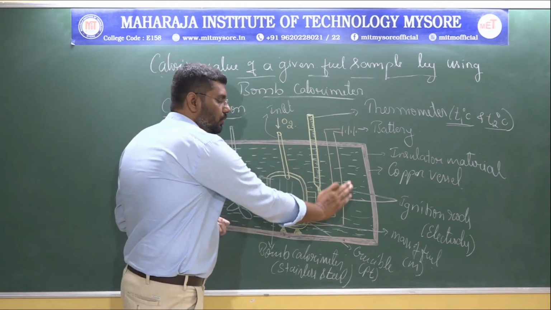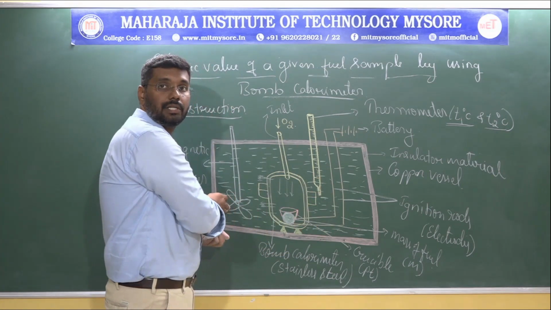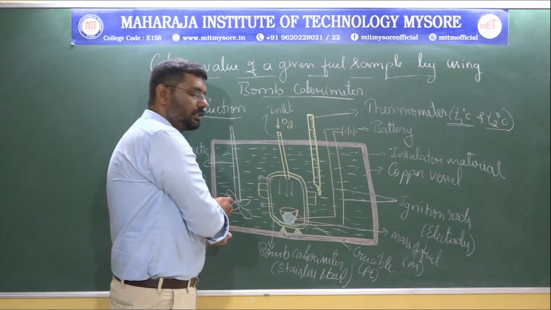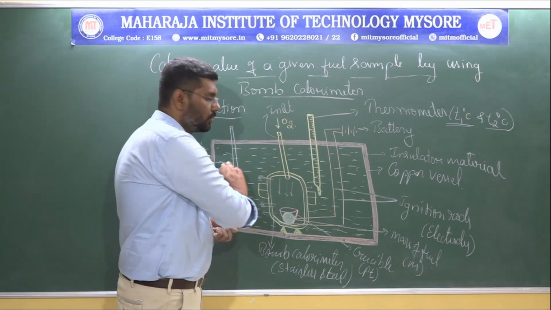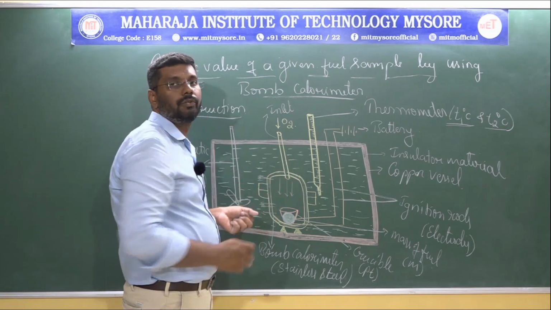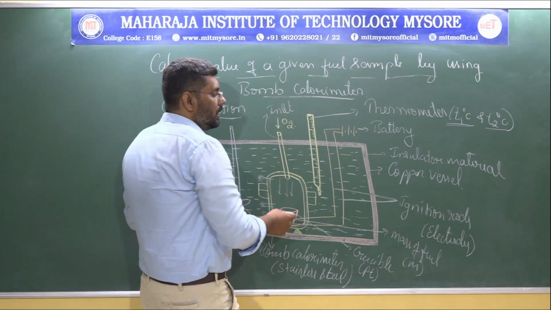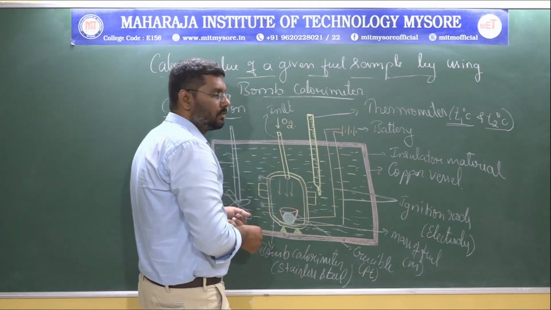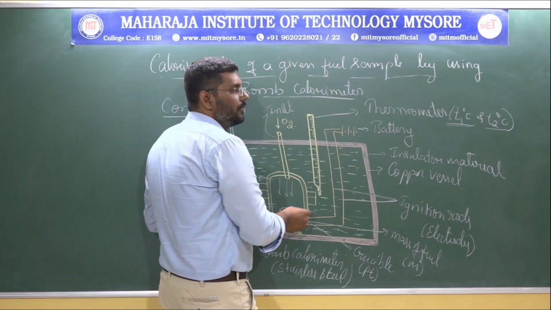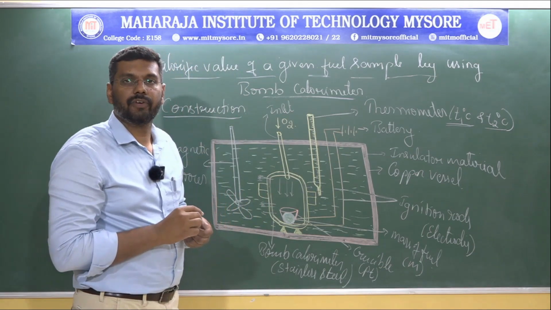The temperature of the water body gradually increases, and there is a magnetic stirrer here. This magnetic stirrer helps in the movement of water molecules throughout the bomb calorimeter, and hence heat gets uniformly distributed throughout the water body. Finally, after complete combustion of the fuel sample, we consider the temperature attained in the final stage.